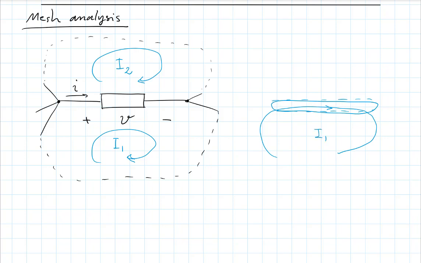And then another flow going through it in this direction, I2. So the net flow: if you have 5 cars per second going from left to right and 3 cars per second going from right to left, the net flow from left to right would be 5 minus 3, 2 cars per second.